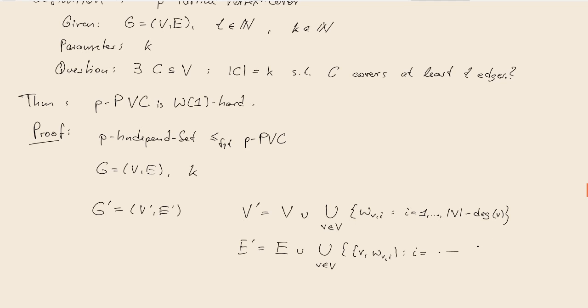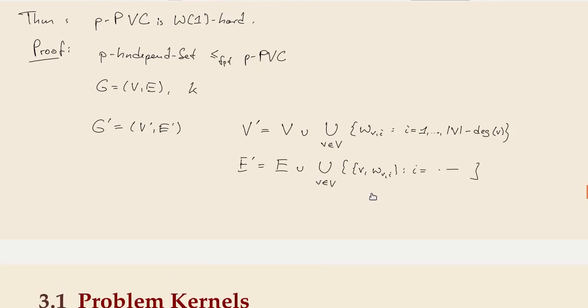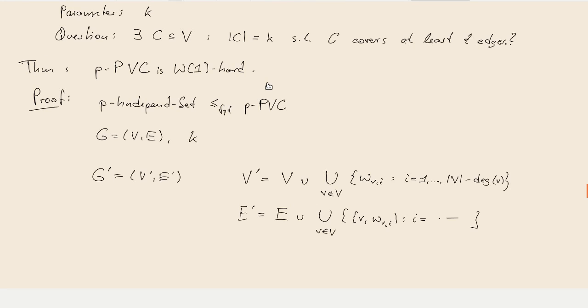Now the interesting choice is that of the parameter t, which, if you come up with the reduction, you would usually just go on now and see at the end what the right parameter is.